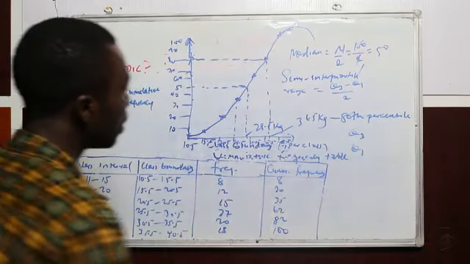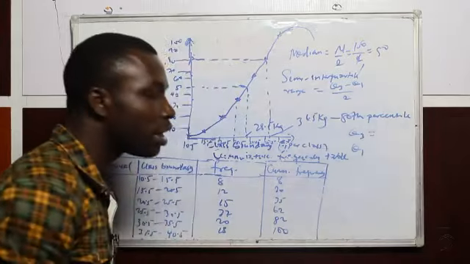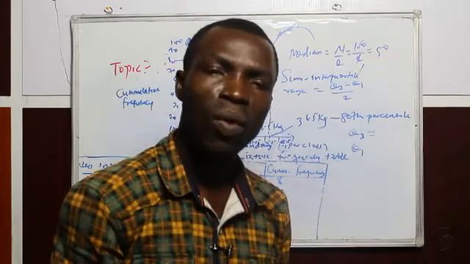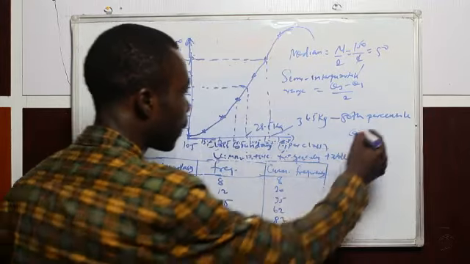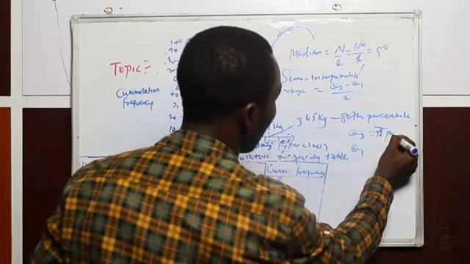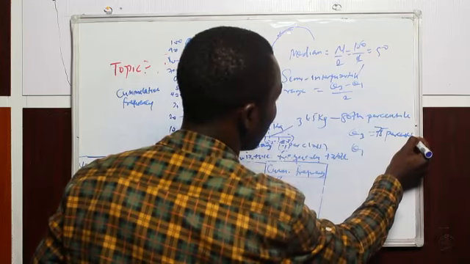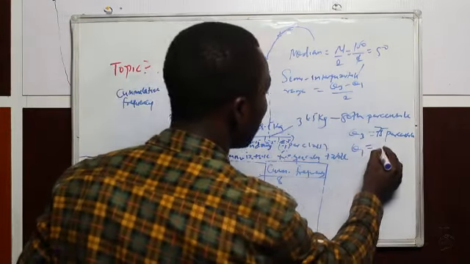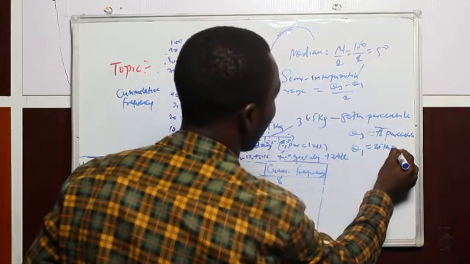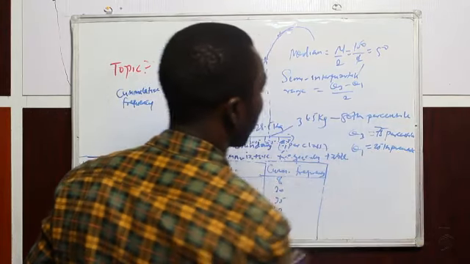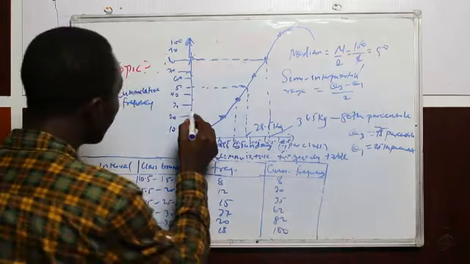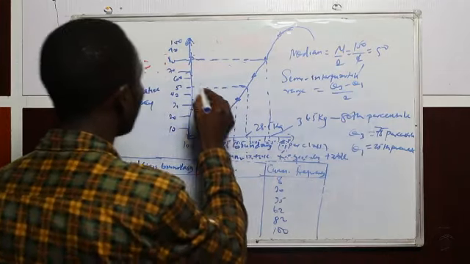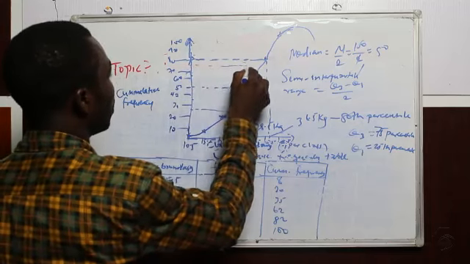Q3 means 3 over 4 of the total population, that is 3 over 4 of n, which is the 75th percentile. Remember, in our first teaching of statistics. Q1 means the 25th percentile. So you trace the 25th percentile to here and trace the 75th percentile to this place.